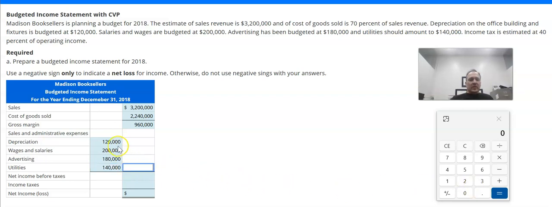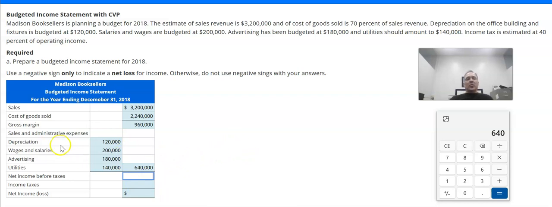Okay, so let's see here. That's 120 plus 200 plus 180 plus 140. Okay, and then add 3 zeros to that. So looks like our total operating expenses are going to be $640,000. We're going to end up needing that number.